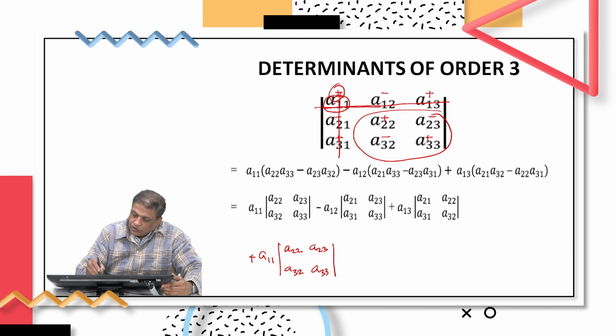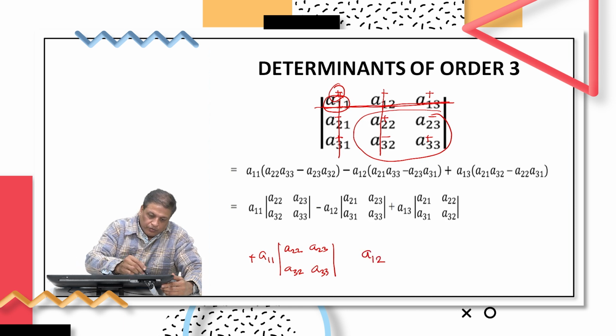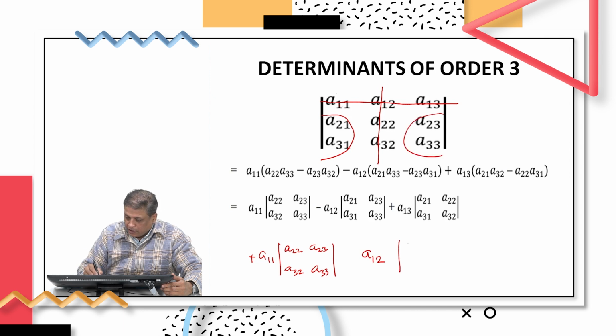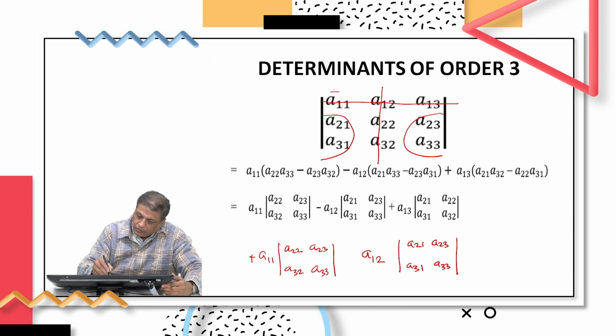Next we take the first row and second column. That is A12. After removing the first row and second column, the elements of the determinant are A21, A23, A31, A33. And the polarity of the sign is negative, so that's why it is negative.